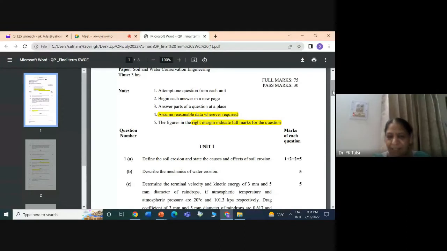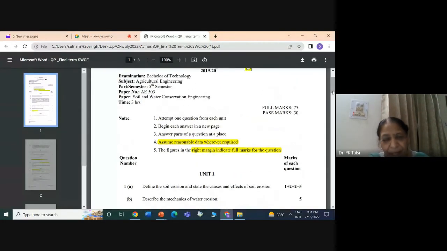Then, figures in the right margin indicate full marks for the question. Even small school going children also know this, so what is the need to write this? This is my humble request that this can be avoided by this time when the student is doing the bachelor's of technology.